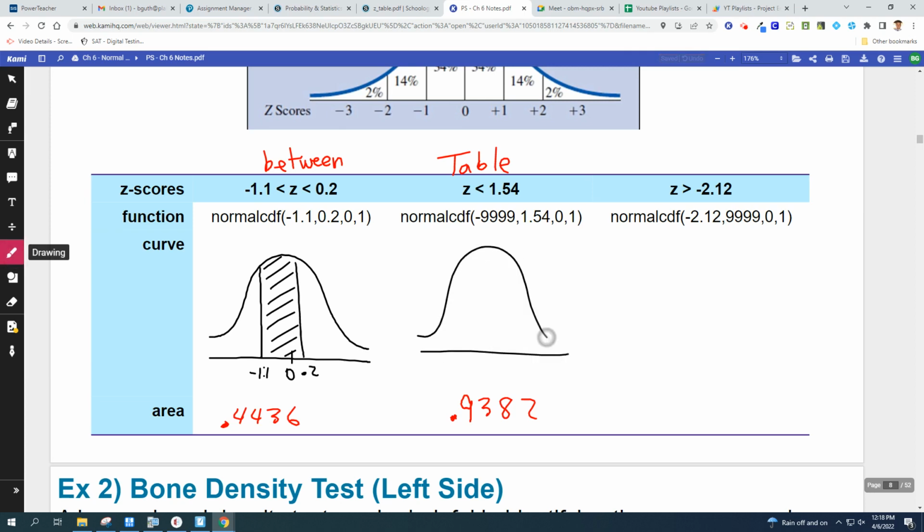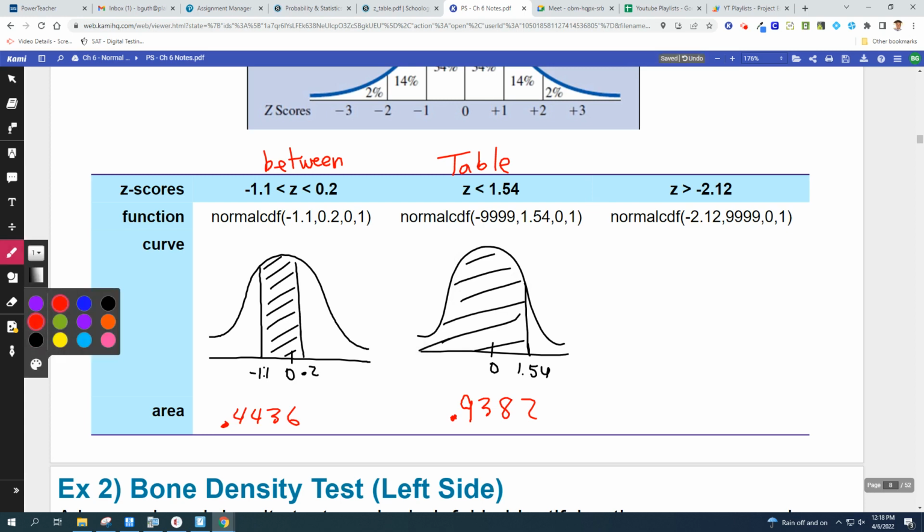Consider your normal curve again, standard. We want to be less than 1.54. So 1.54 standard deviations is right here, and we want all of this area to the left of that. Now what's weird is this doesn't stop. It goes on forever to negative infinity.